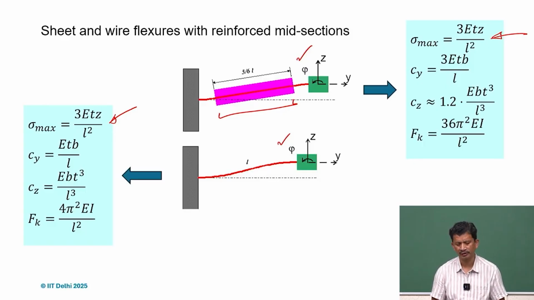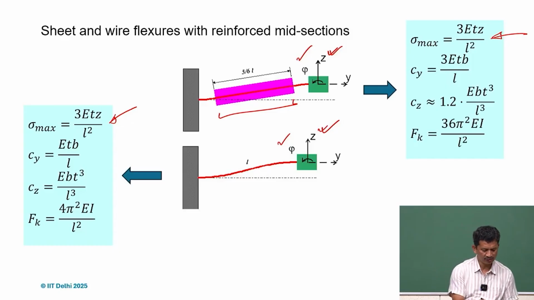It means the range of motion in both cases is going to be the same, because for the same material, sigma max will dictate the total range of motion. So the displacement is not going to change, since sigma max is the same. So we are not losing anything by reinforcing the midsection.